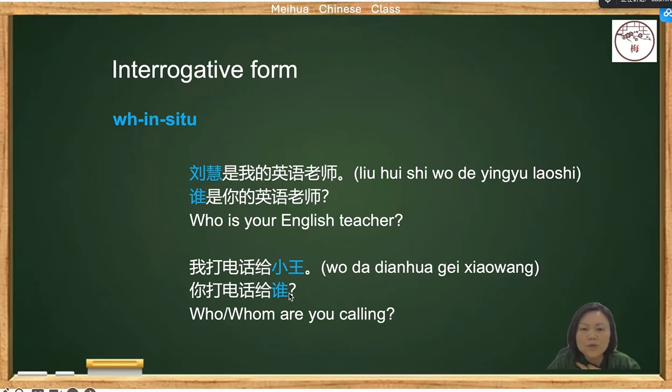See, we don't change the order of other parts, right? We just replace at the same position in the sentence. But in English, we always need to change the order. I mean, the order in the question sentence and that in a declarative sentence are always different. So this is one of the biggest differences.